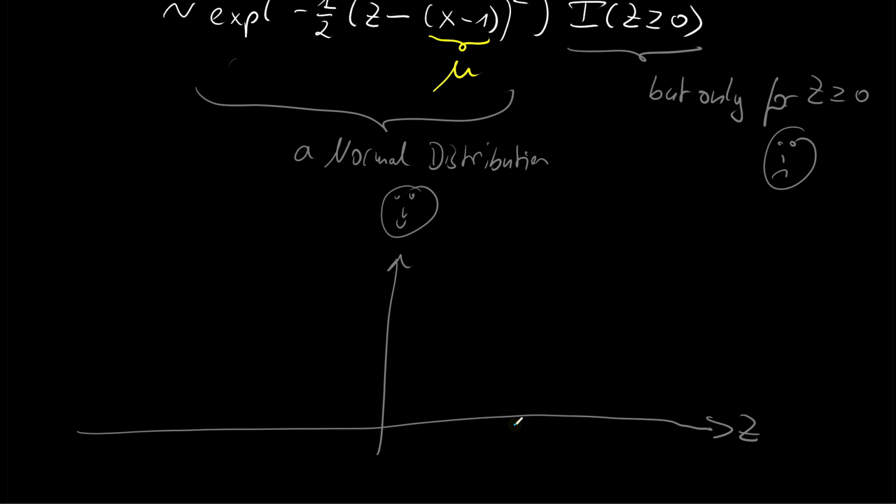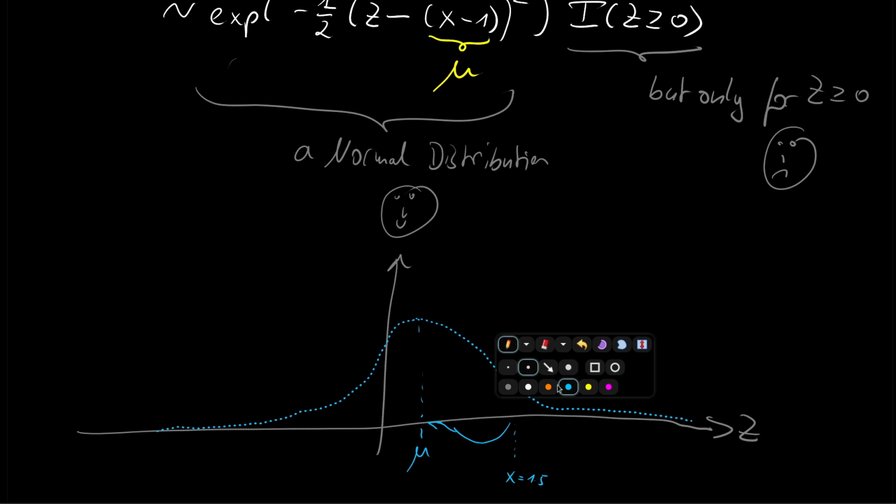So let's say our x is 1.5, and this then moves the mu of our distribution. It's a little weird, so maybe here. So we then have a mu of our posterior distribution. So let's have it like this, and then I just want to try to get a good normal distribution. So this will be now over the entire space. So it's a little getting ugly, but I think you get the point.